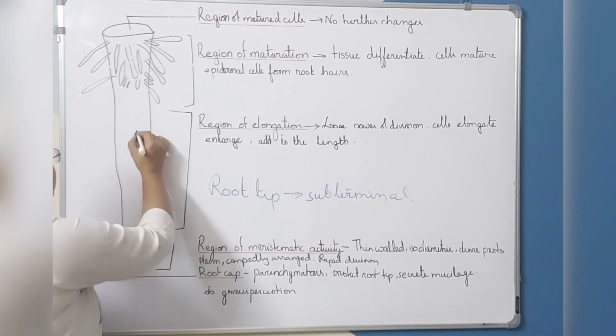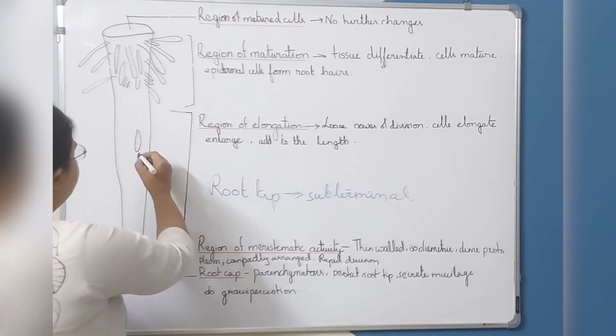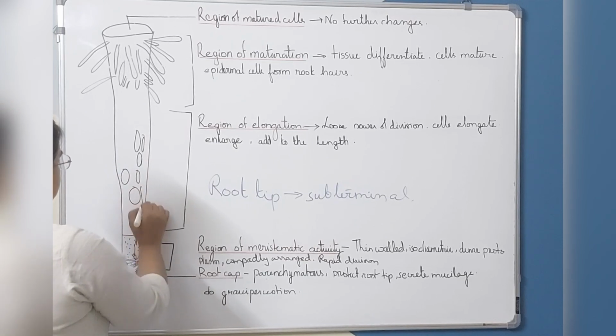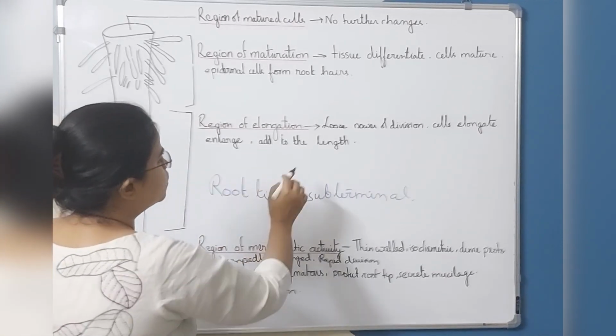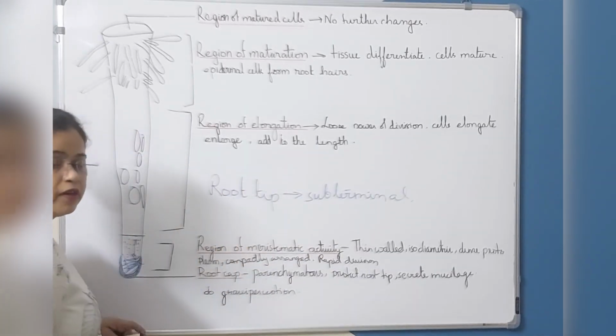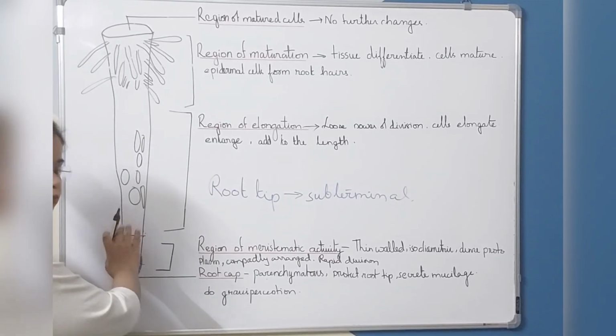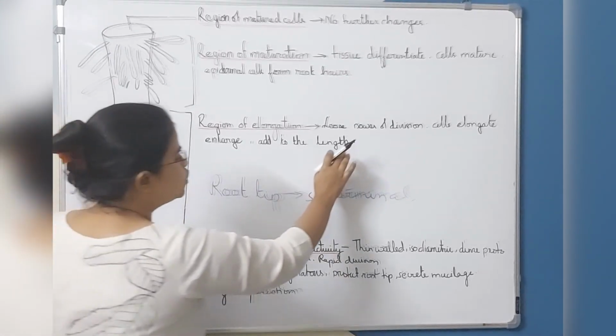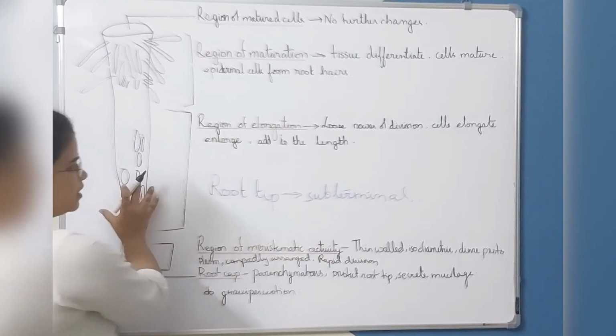Then comes the region of elongation. यहां पे क्या होता है, the cells lose the power of division, they don't divide anymore. इन्होंने जो सेल दिया था अब they are going to elongate and enlarge.